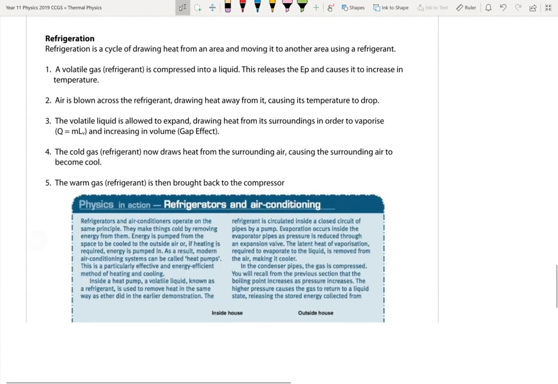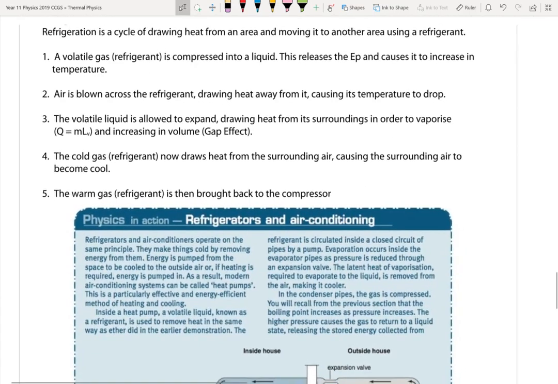So it is a cycle, as the information suggests, a cycle of drawing heat from one area and moving it to another. So we're essentially removing heat from this classroom and throwing it outside. But it doesn't want to do that on its own. We have to put work in.